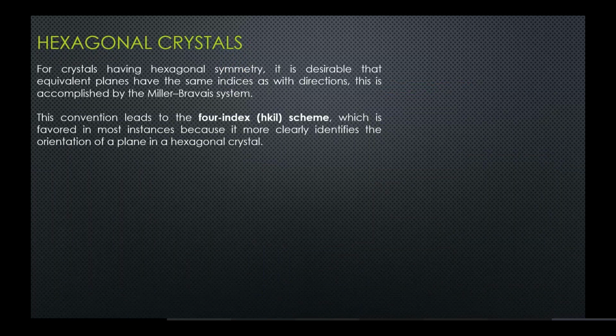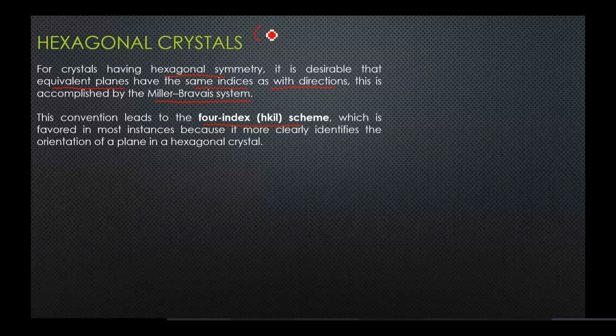Now, for all the other crystal systems, the Miller indices are HKL, 3 Miller indices. For crystals having hexagonal symmetry, it is desirable that equivalent planes have the same indices, as with directions. This is accomplished by the Miller-Bravais system. Since hexagonal systems have 4 coordinate axes, you would need a 4 index system, the HKIL scheme.